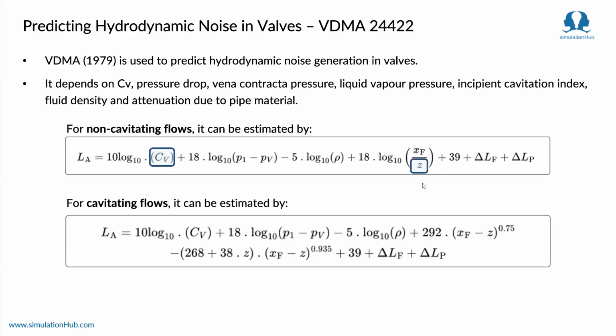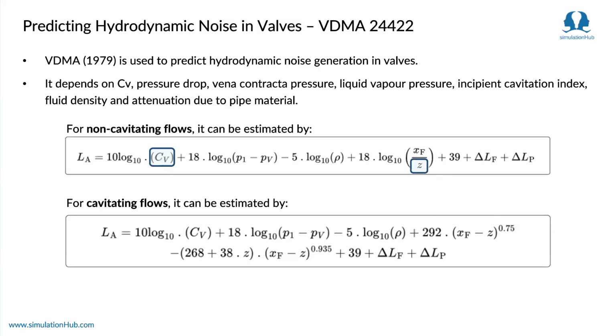So Z is the differential pressure ratio at incipient cavitation, or at the inception of cavitation. As you see in this formula, XF is the differential pressure ratio and Z is just the same ratio at incipient cavitation.